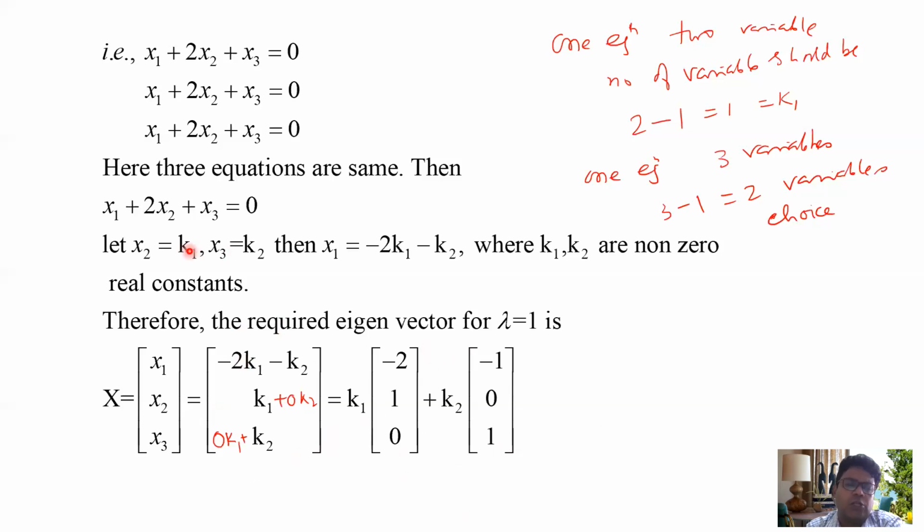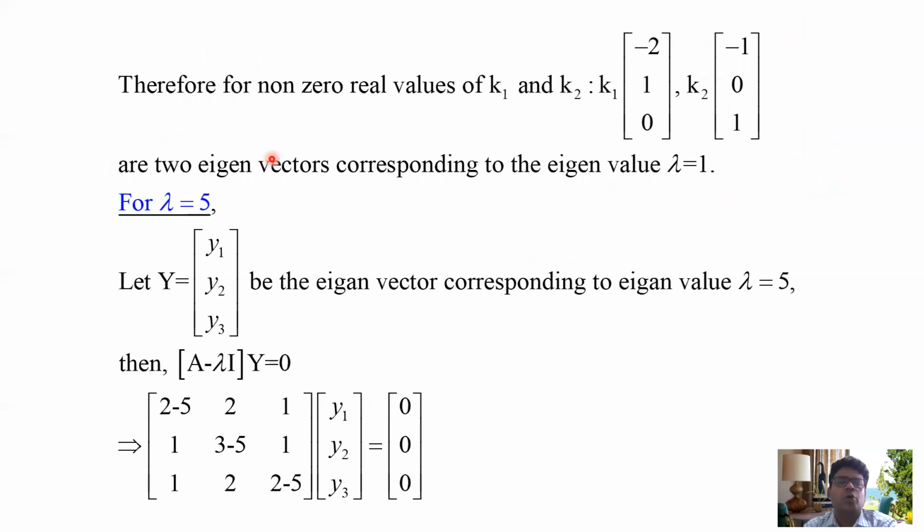First you write down x1, x2, x3. Then you check each and every row for which part is missing, and express that part as 0 times something. So for non-zero real values of k1, k2, (minus 2, 1, 0) and (minus 1, 0, 1) are two eigenvectors corresponding to the eigenvalue lambda equals 1.